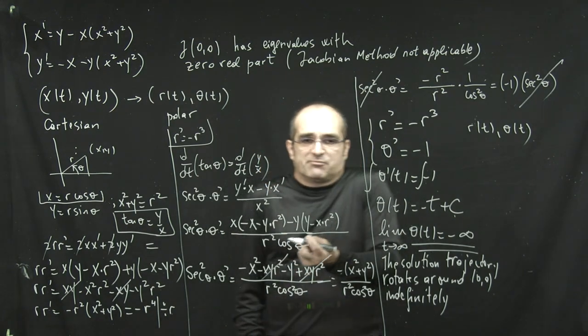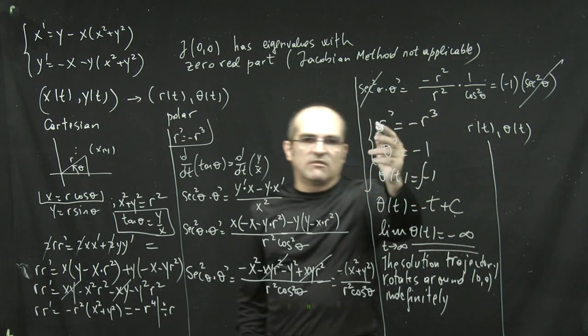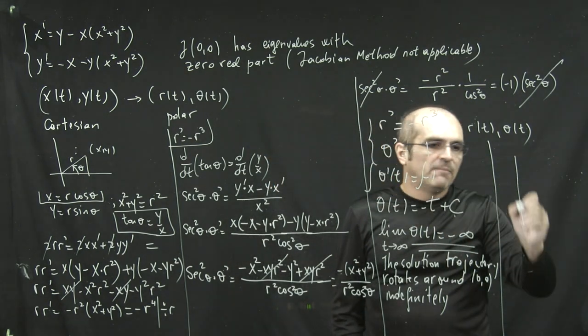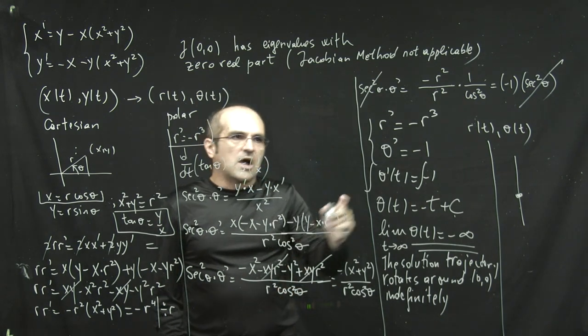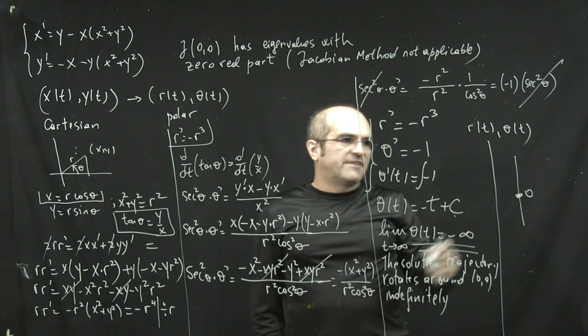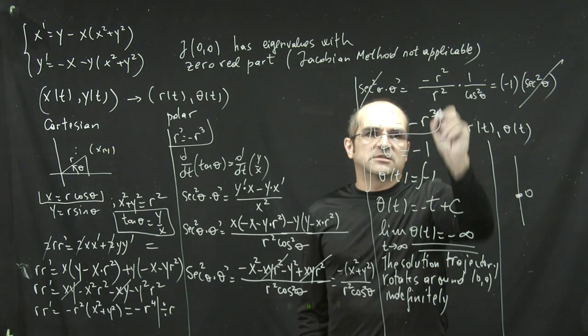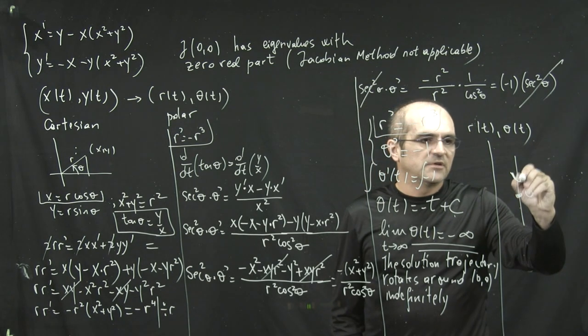Okay, so at this point, what does the radius do? Well, for that, we can either solve this, but it's easier to just do a little phase line analysis. It's a single ODE in r of t. The equilibrium is 0. If I start with a point above 0, that's going to give me a negative derivative.